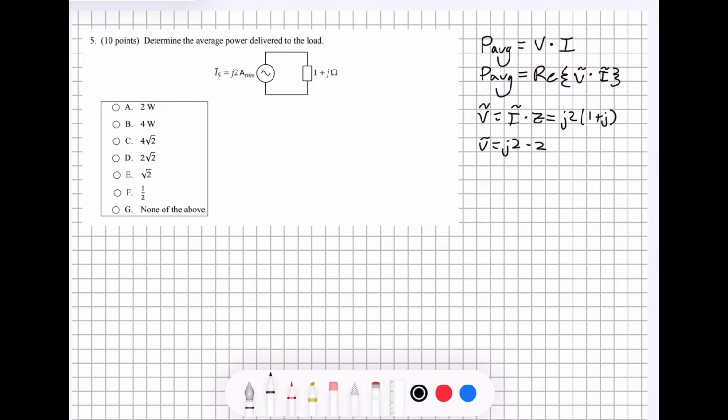Okay, now that we have our V value and our I value, we can put this into our power equation. P average is equal to the real part of J2 minus 2 multiplied by J2. This becomes J2 squared minus J4.